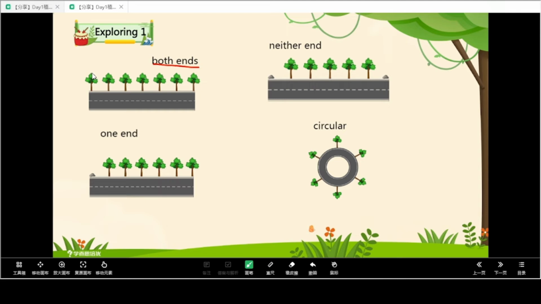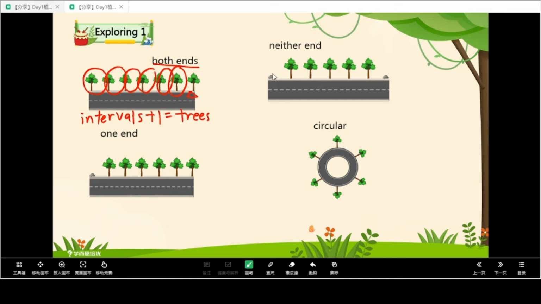Because when we use our packaging method, that is to pack a tree and an interval together, we pack 1 package, 2 packages, 3 packages, 4, 5, 6, and we will find that there is a tree left in here. So that means the number of trees is larger than the number of intervals. And when we calculate the number of trees, we need to use the number of intervals plus 1 equals to the number of trees.